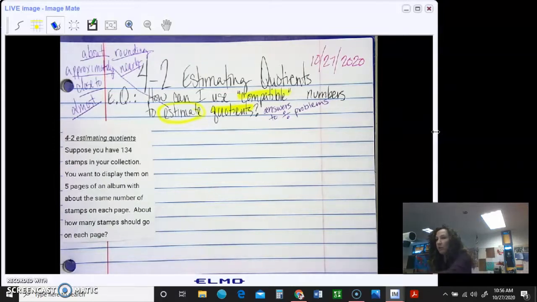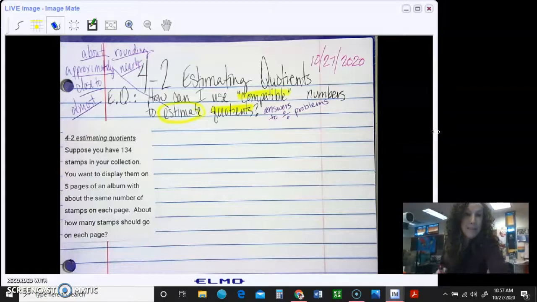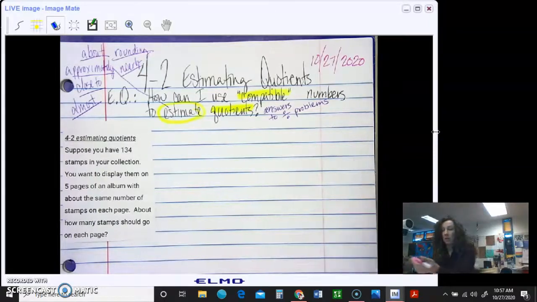So we have our word problem. Let's take a look at it. It says, suppose you have 134 stamps in your collection. You want to display them on 5 pages of an album with about the same number of stamps on each page. About how many stamps should go on each page? Well, let me read through it again and pull out those important bits as we have been doing all along.